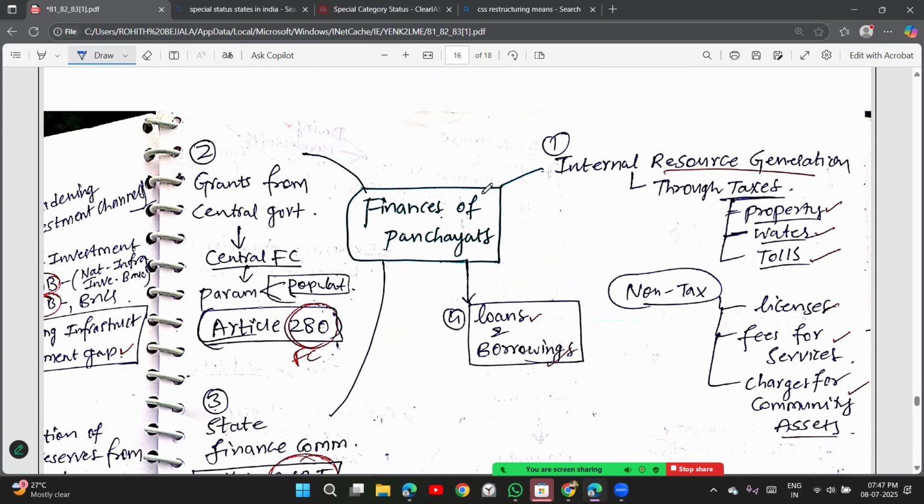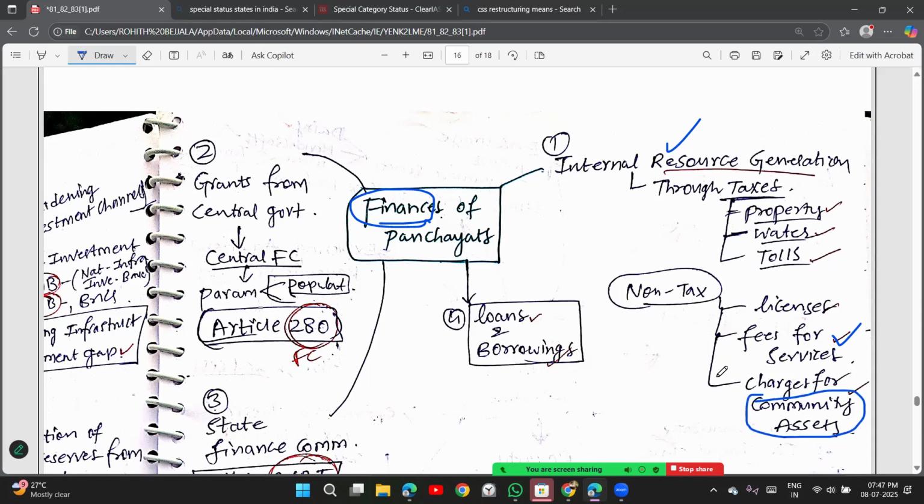As we are discussing grassroots-level finances of panchayats, how will the finances come? One is internal resource generation through taxes, like property tax, water tax, and tolls, and also through non-tax revenue like licenses, collecting fees for services, and charges for community assets like community halls.